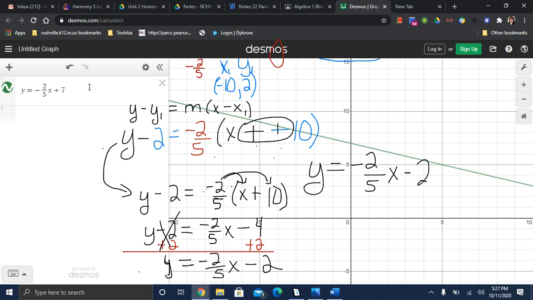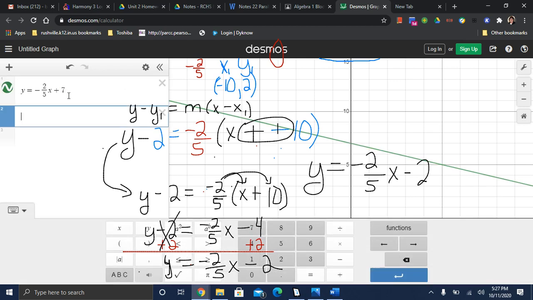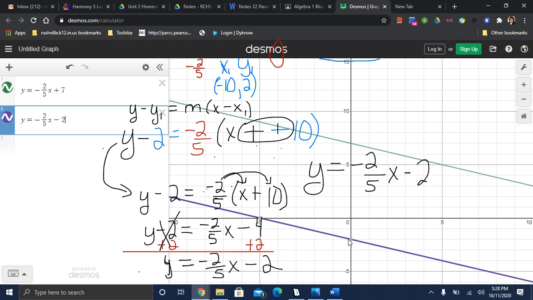And then we found our new equation, y equals negative 2/5 x, and our new y-intercept was minus 2. I'm going to bring the keyboard down so you can see. So that went through negative 2, but more importantly, what I wanted you to see was that our graph goes through the ordered pair, negative 10, 2.